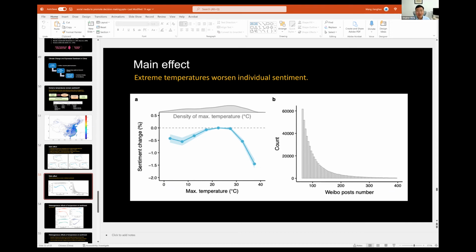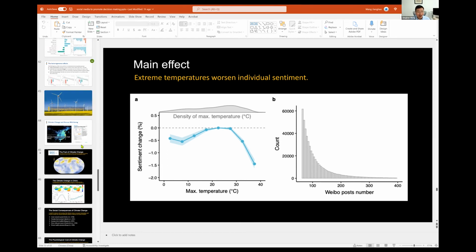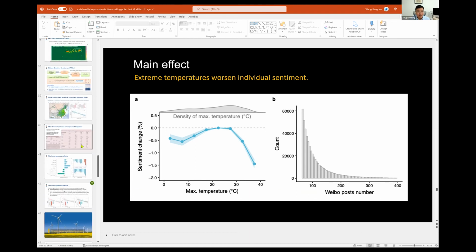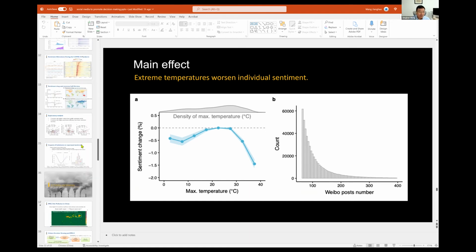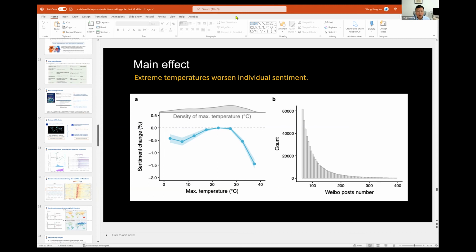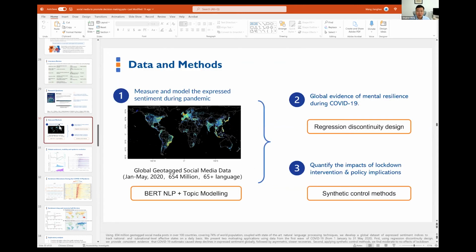That's the sample bias. To be honest, like what I answered to Jamie, it's very hard for us to correct this selection bias issue when we use the geotagged posts here.